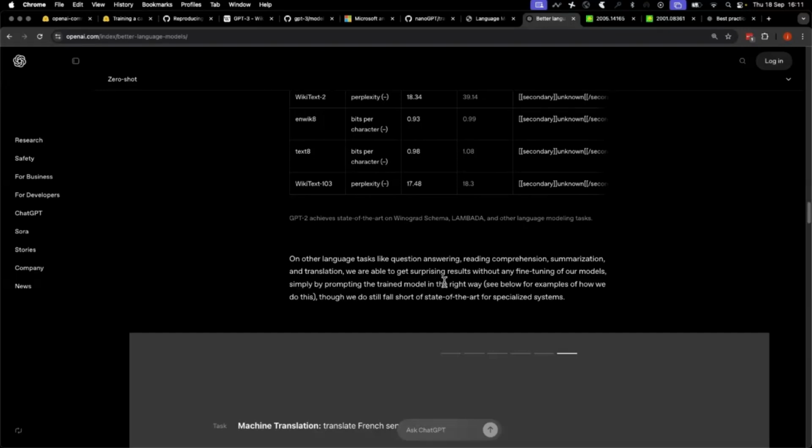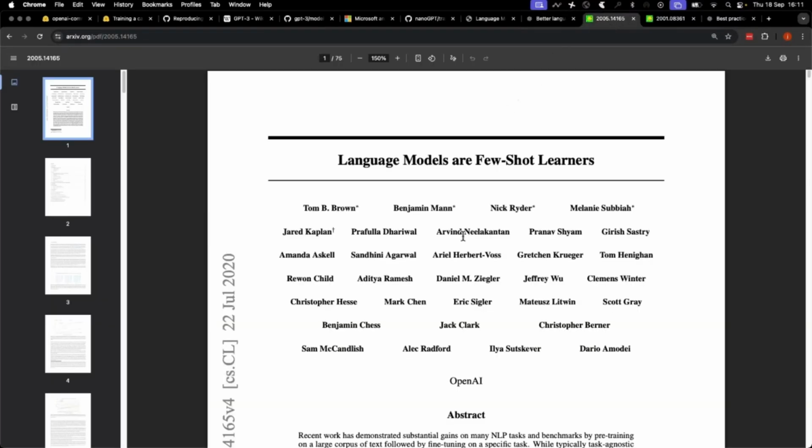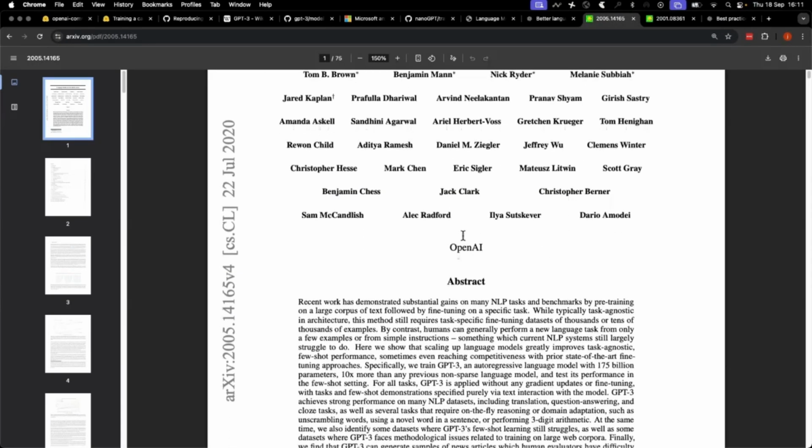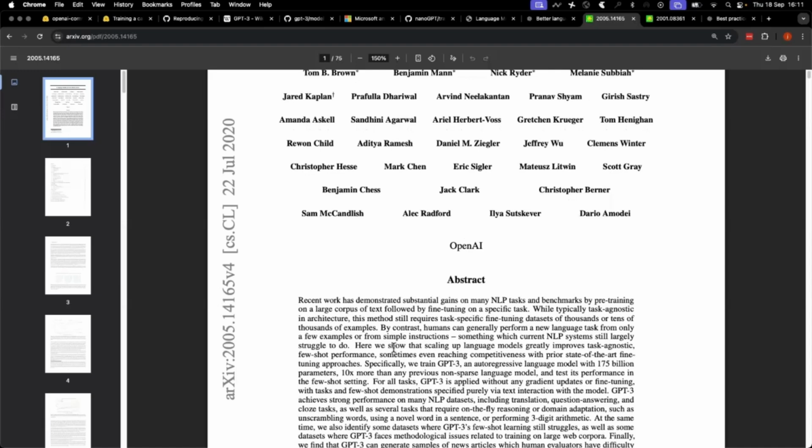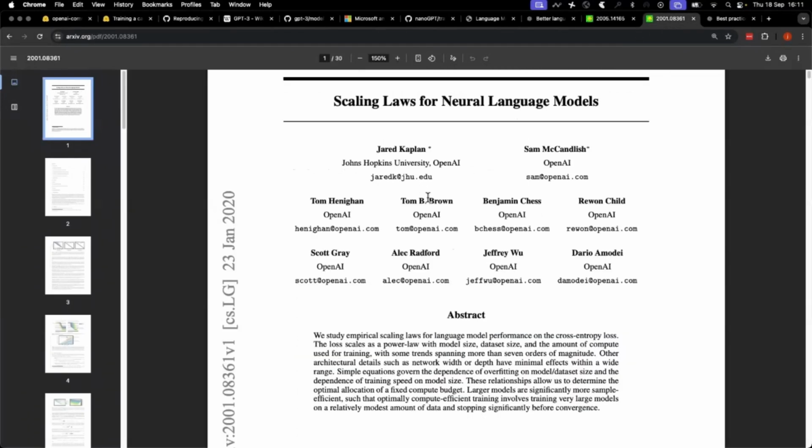Let's quickly switch to GPT-3's technical paper. In this paper, it mentioned that they did scaling and improved the performance. Let's just verify this scaling law. To get a better performance, you need more parameters, more data, and more computing budget.